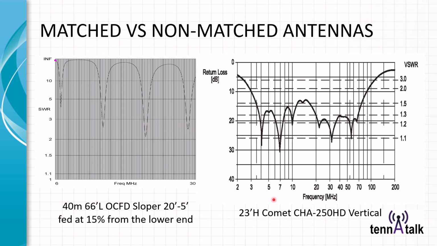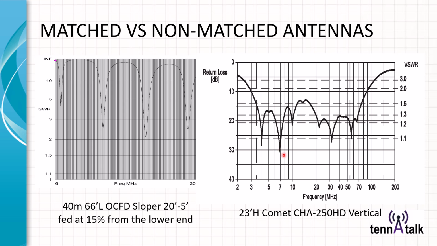In comparison, if you look at the 23-foot Comet CHA 250 HD vertical, you can see that here's the SWR of 1.5. Most of the plot from about 4 megahertz to around 60 megahertz is all below 1.5 SWR. And a lot of these notches are not in band. This is 4 megahertz, that's not a band.